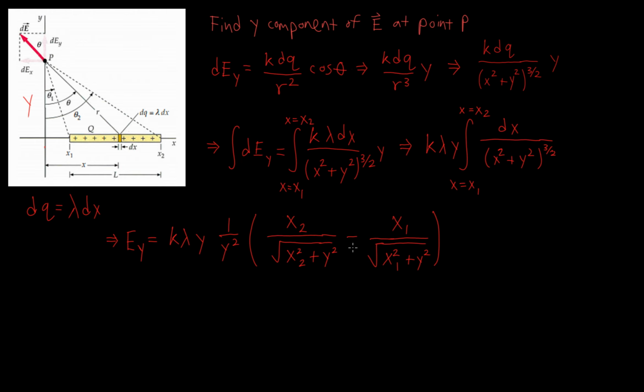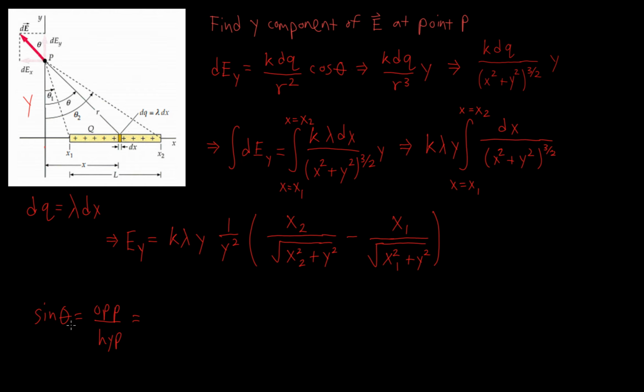And if we wanted to simplify this a little bit further, what you would find out is that the sine of theta is equal to the opposite side over the hypotenuse.